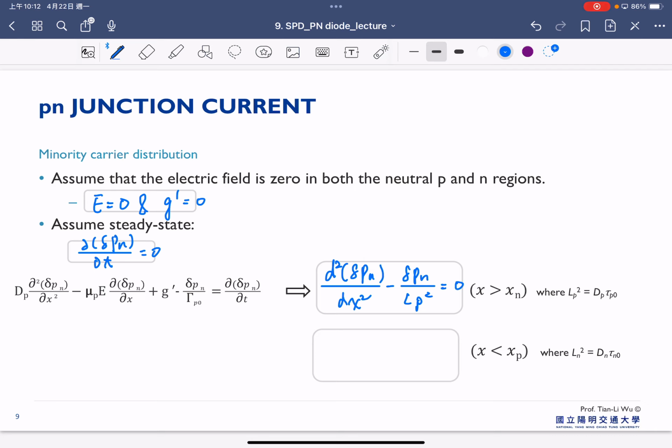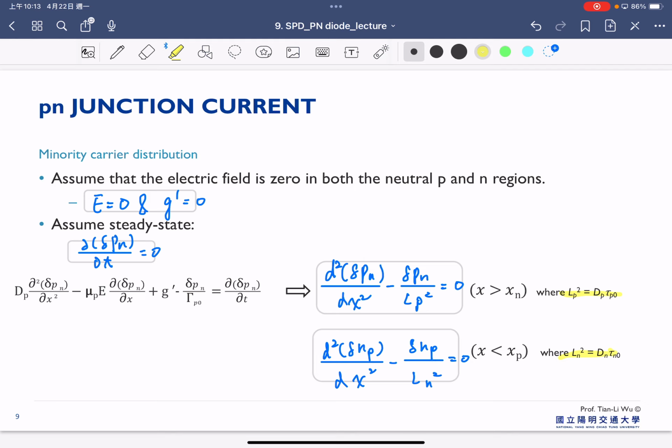And similarly, we can have this one, the second order derivative of the excess np with respect to the location minus excess np over Ln squared is equal to 0, where Lp and Ln are shown here. So that's our simplified equation once we consider the bipolar transport equation.